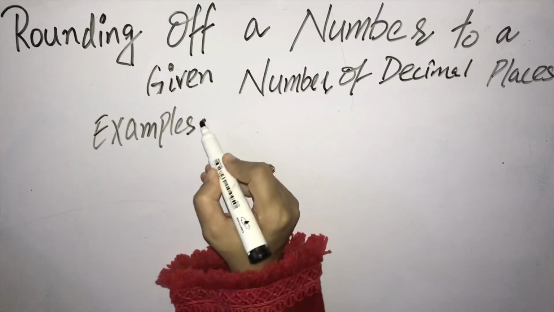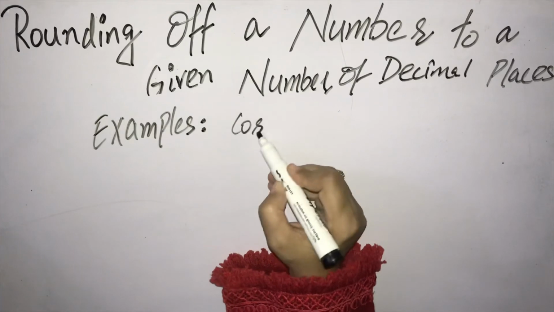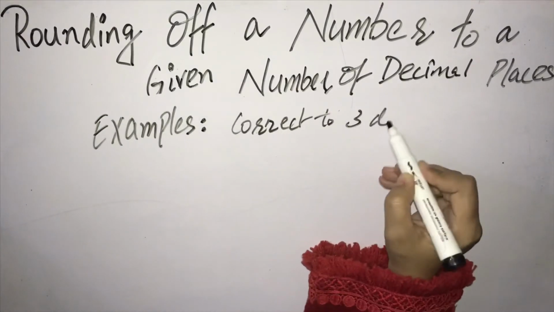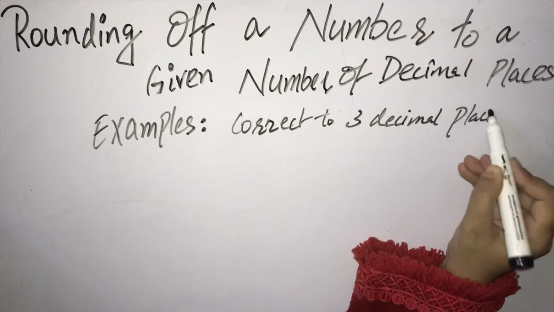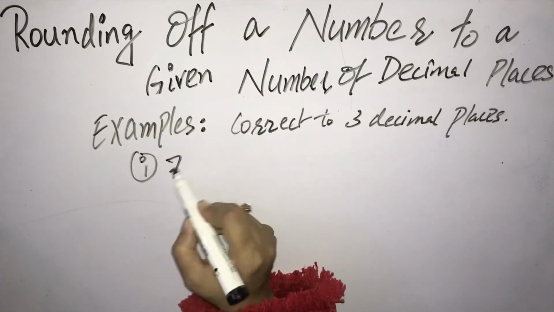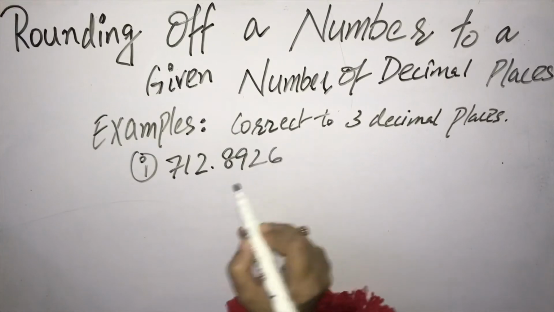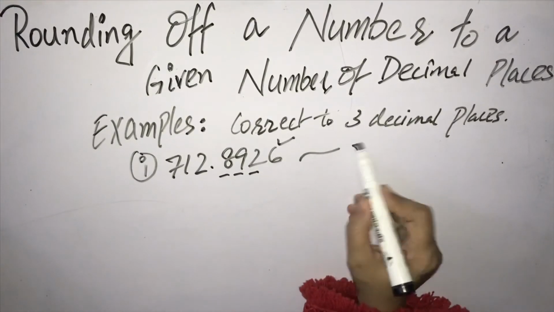You have to give answer correct to 3 decimal places. Number 1, if you have 712.8926, correct to 3 decimal places, your answer will be 712.